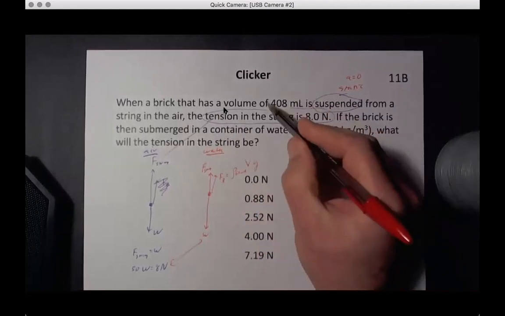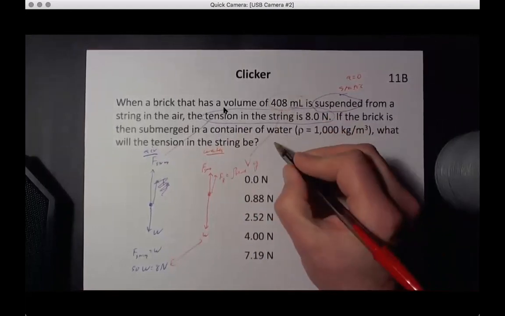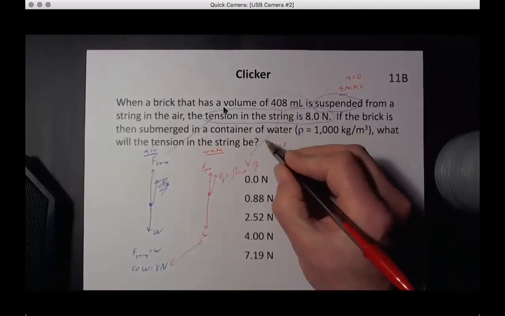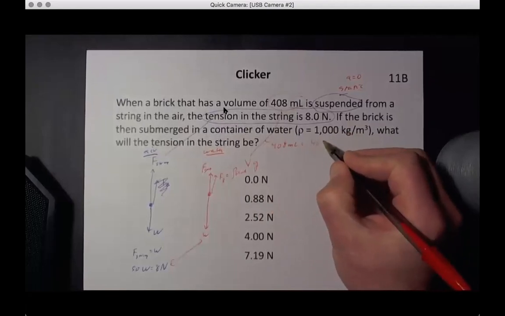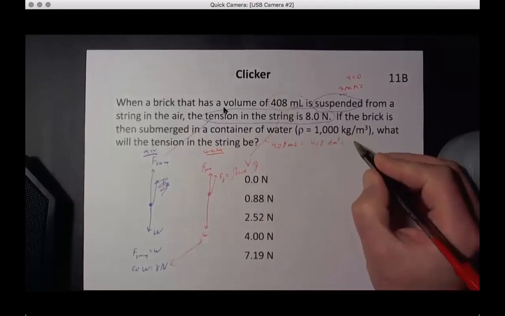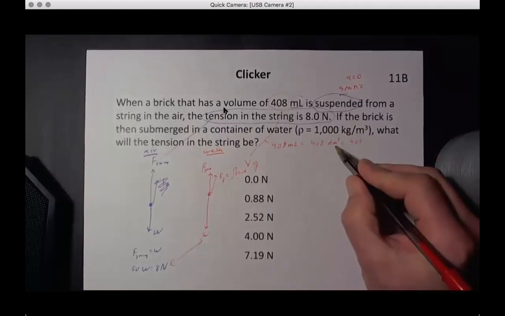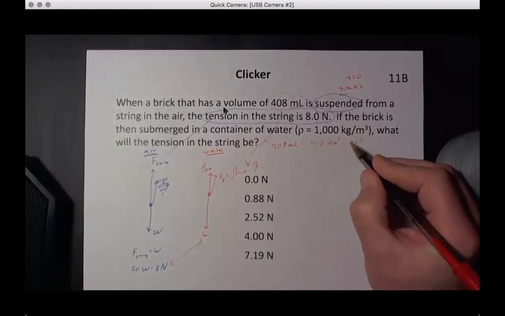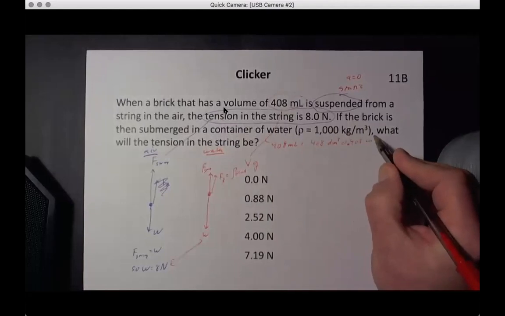This is the volume of the brick, right? And 408 milliliters is equal to 408 decimeters cubed, and each of those is a tenth of a meter, so that's meters cubed.